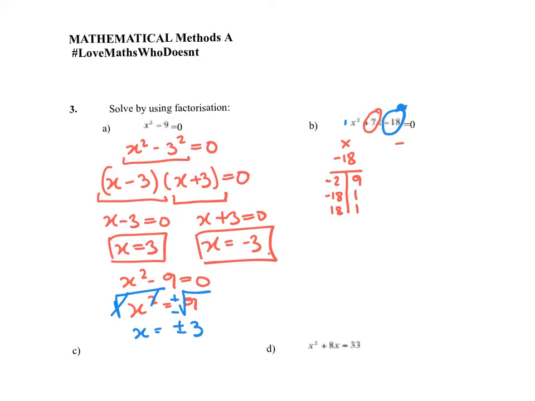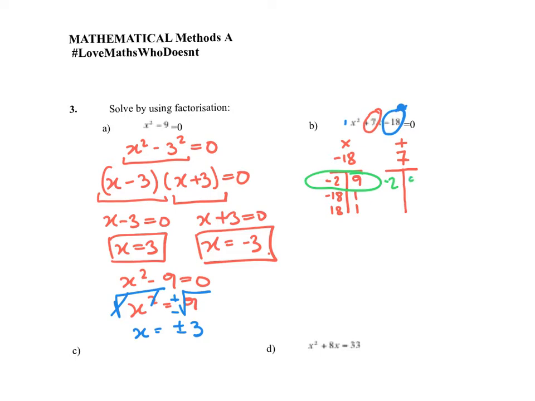At this stage, I'm going to start looking for the two numbers that are factors of negative 18, but also when I add them together give me 7. The first one that I have, negative 2 and 9, if I add those two numbers together, gives me 7.